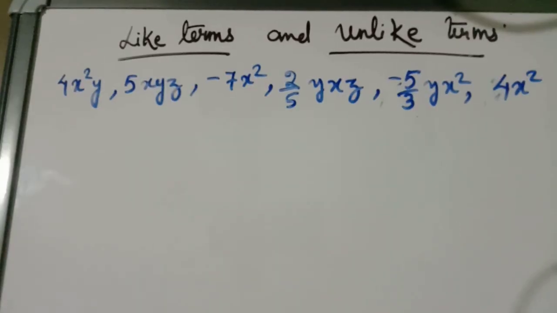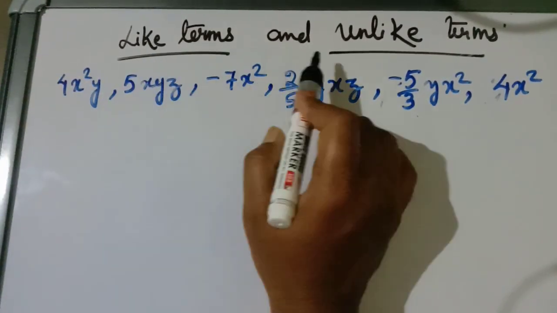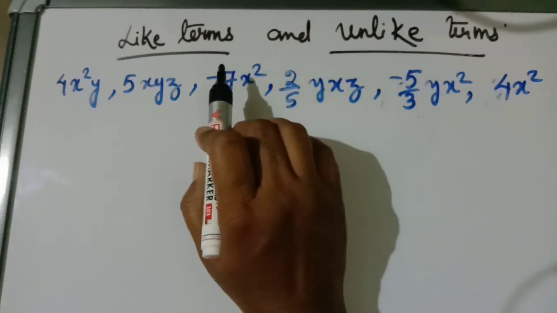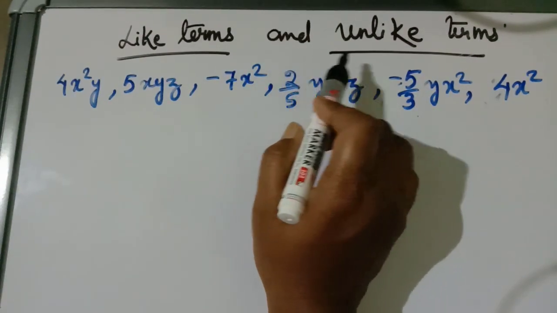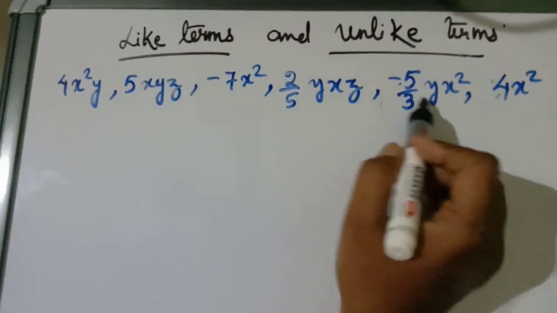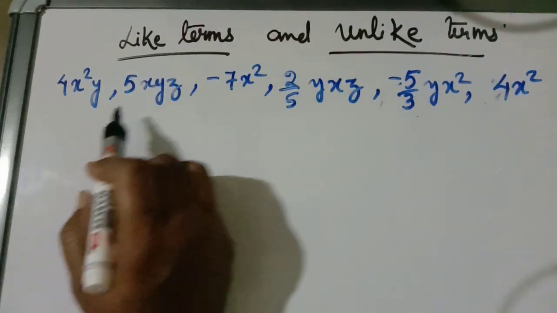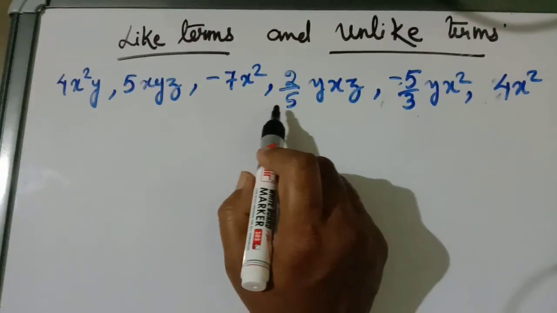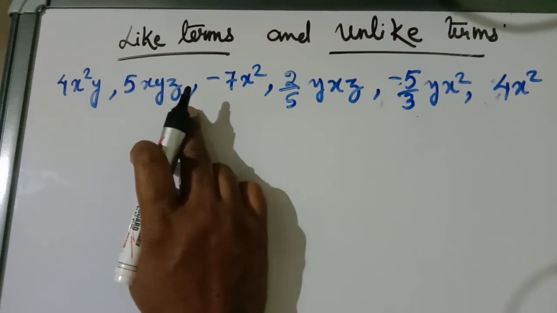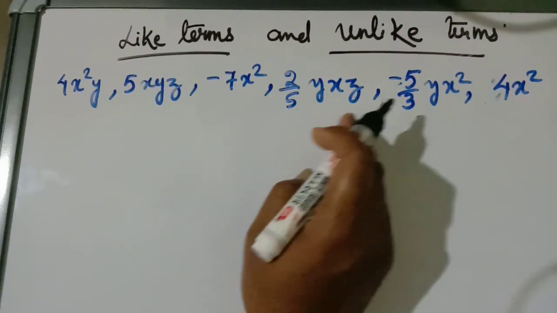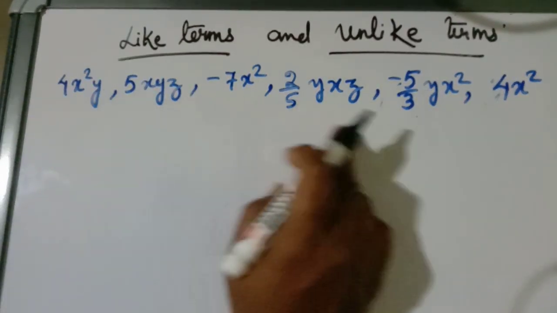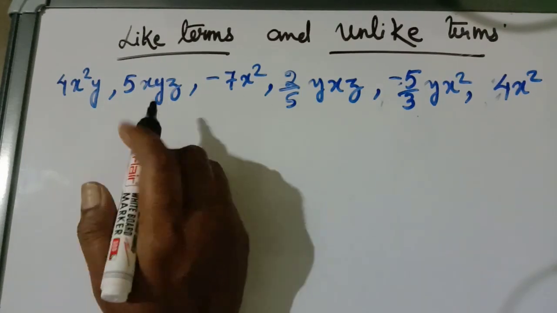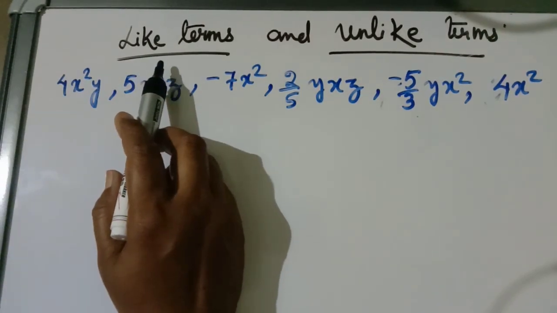Now, like terms and unlike terms. You have to find out the like terms and unlike terms from these. It is not given as an expression, it is given as terms, as there are no algebraic operations like plus or minus, only commas. Here you have to find out which are the like terms.